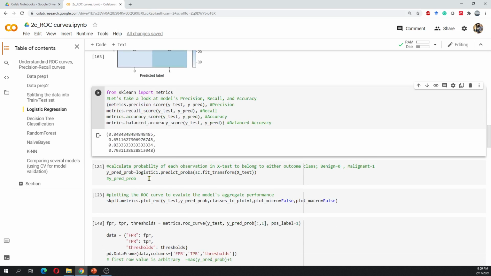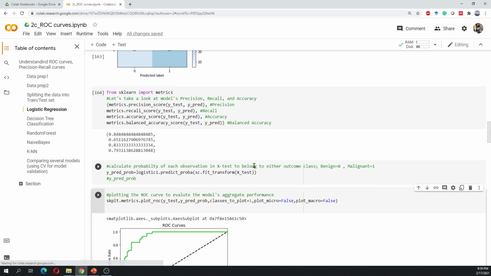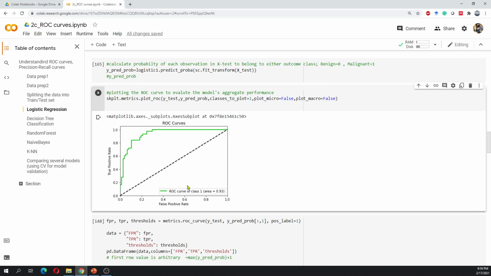Okay, and now we're creating these probabilities, and this is the ROC curve that we're looking at. And here I just drop those other ones. Previously we were doing it like this. So let me show you what we were looking at before.